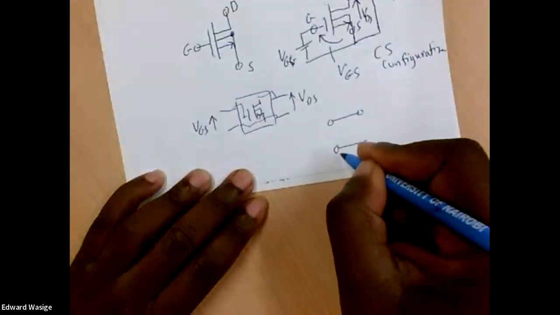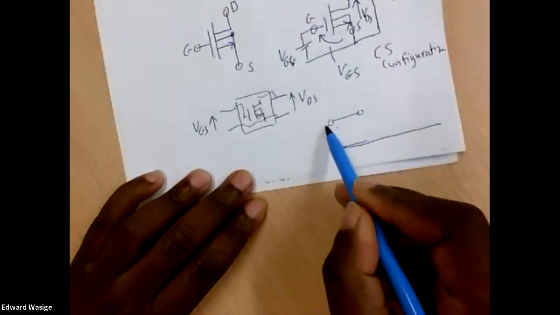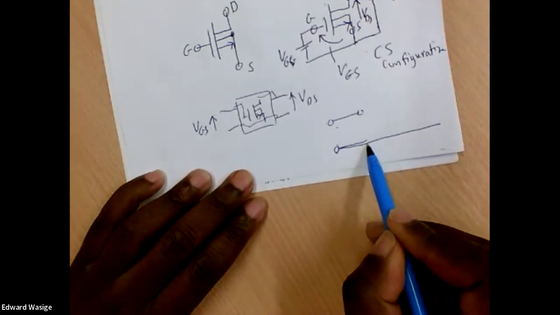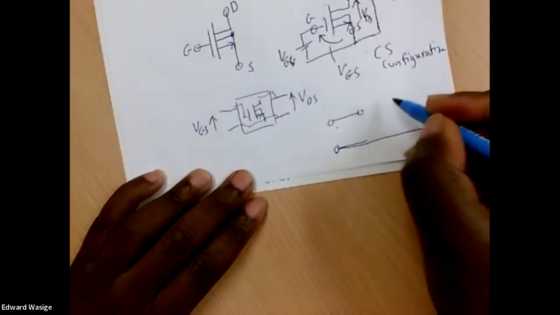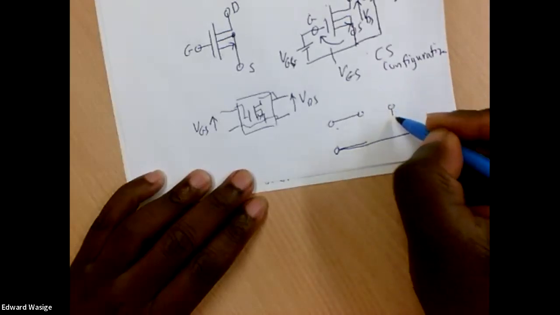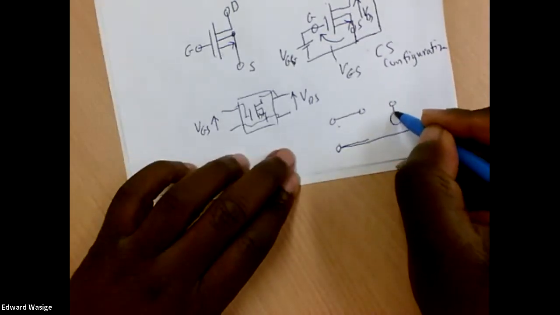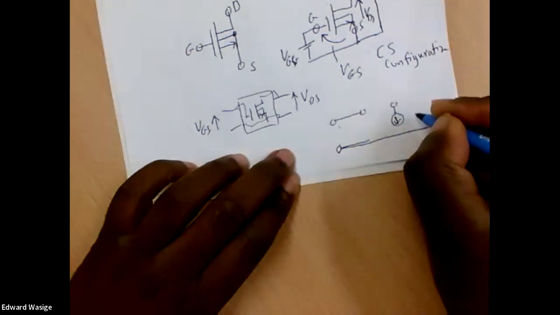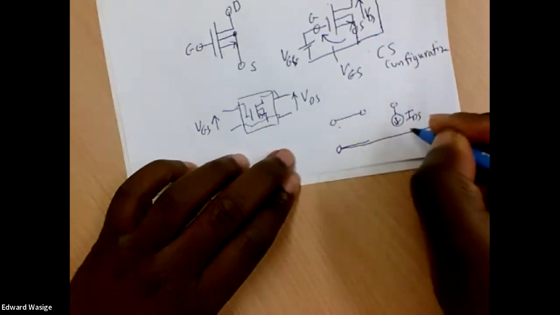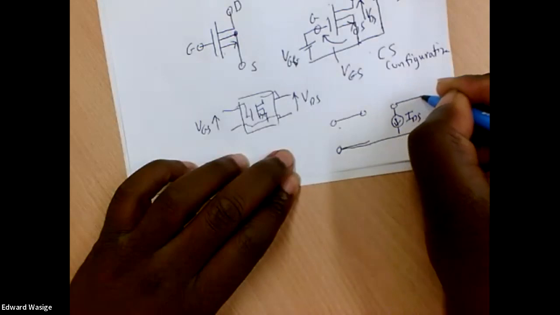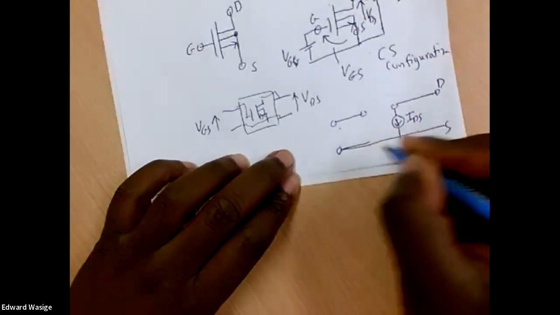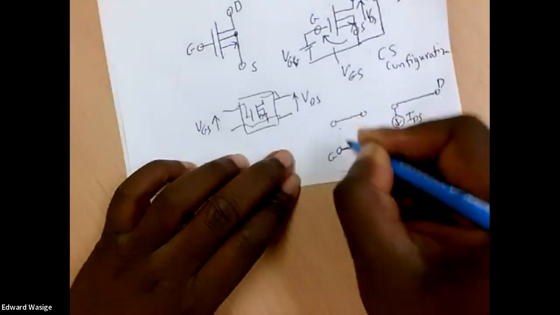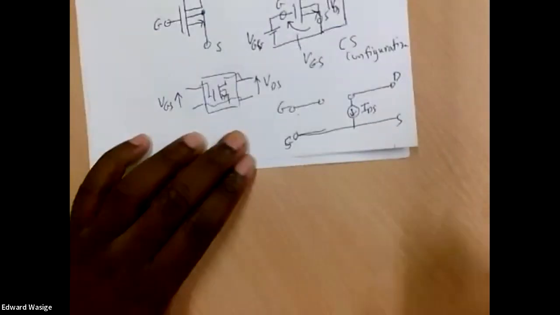Normally, we don't have any current flowing between the gate and the source because we have an insulator between the two, so I can just leave that as an open circuit. And between the drain and the source, I can use a current source symbol and call that current IDS. This is my drain, this is my source, and this is my gate.